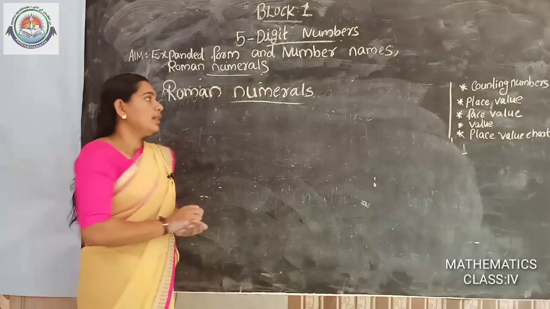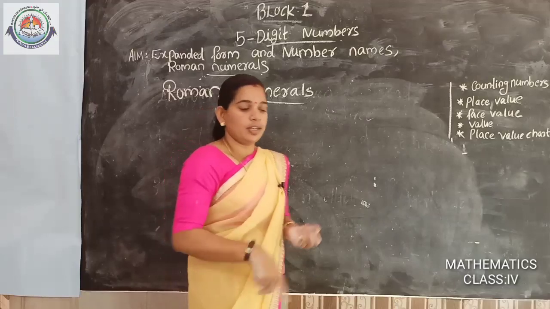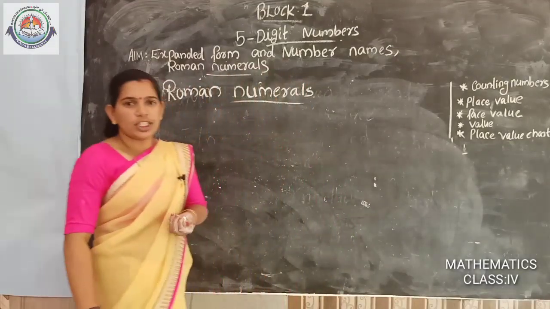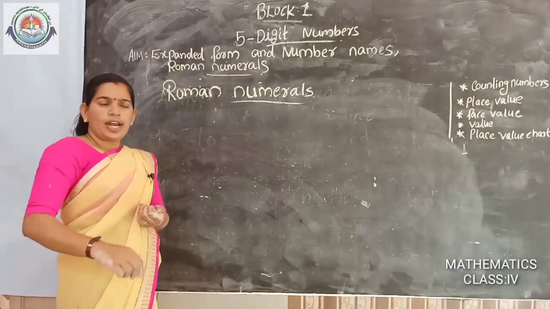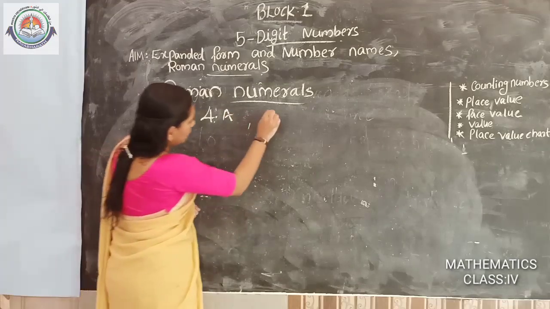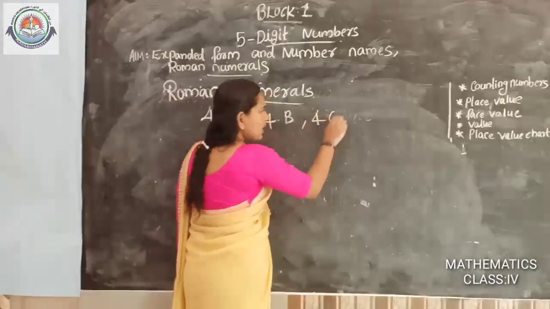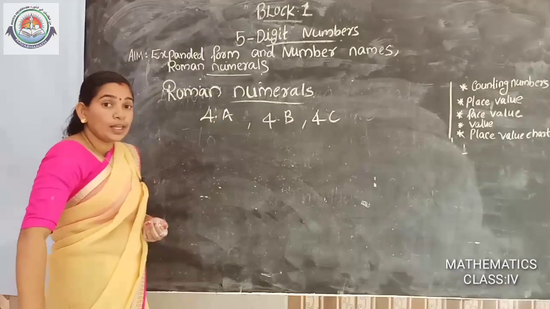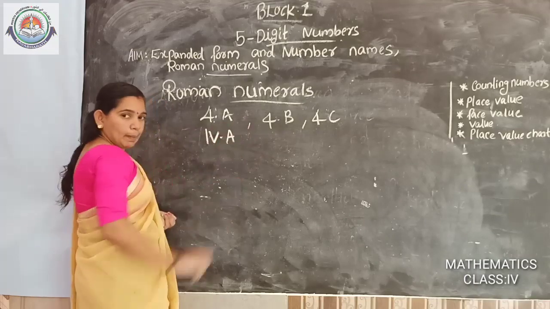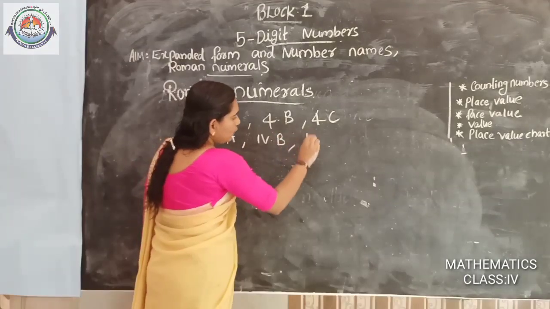Okay. You are in 4th standard. In 4th standard, 3 divisions are there: 4th A, 4th B, 4th C. In each class, you write like this, 4th A, 4th B, 4th C. We are using some symbols.